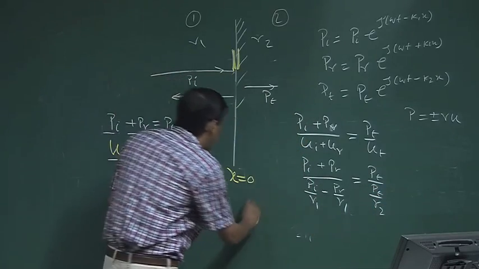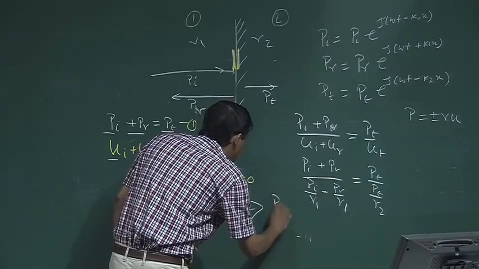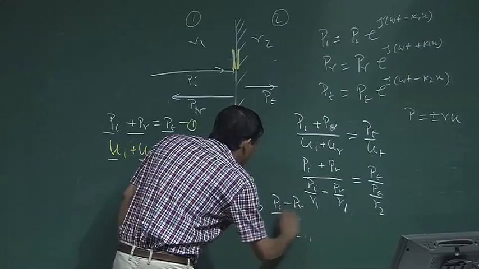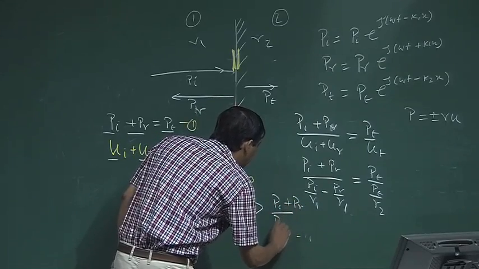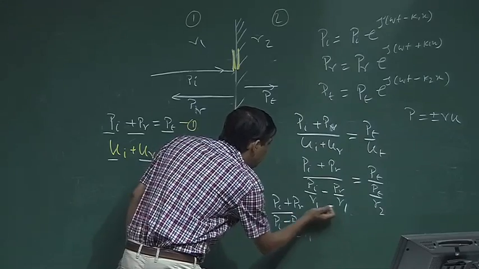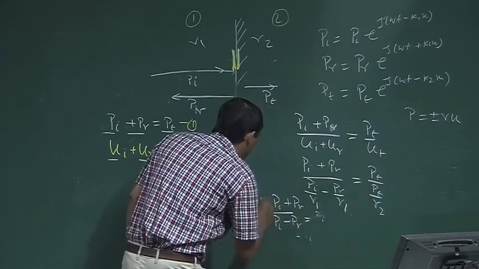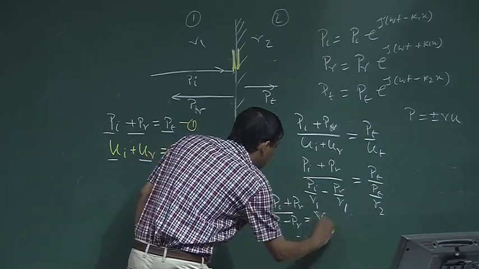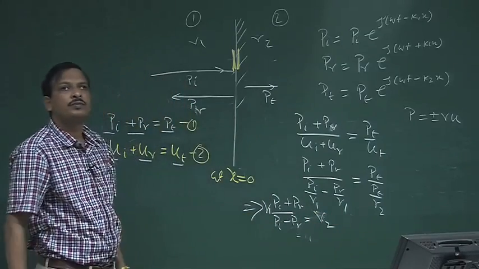Okay. So, I can write from there that Pi plus PR divided by Pi minus PR is equal to R2 by R1.